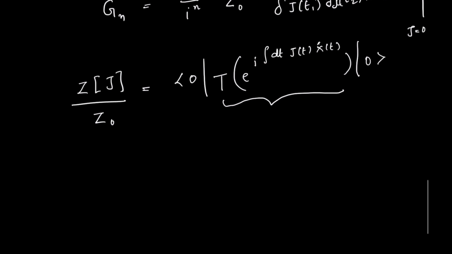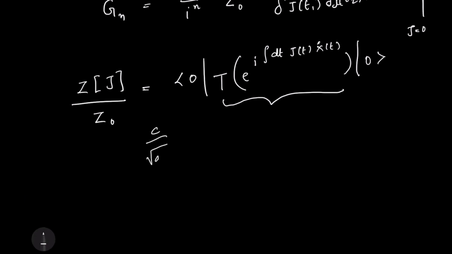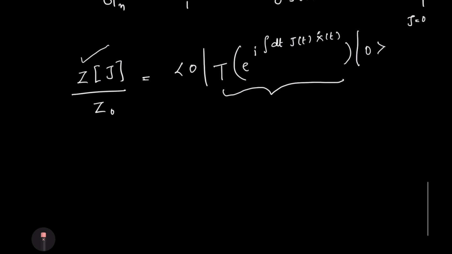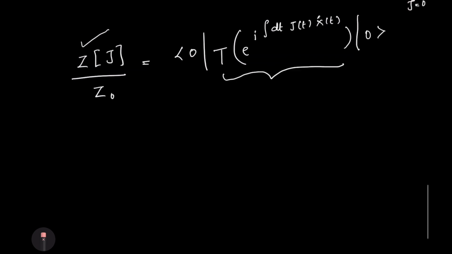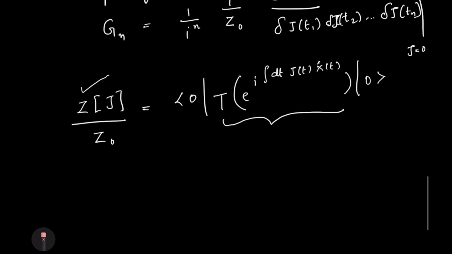And since you have divided by z0, the coefficient will cancel, because z0 will also have the c by root of determinant form, and z of j will also have that path integral, which will get cancelled off, and finally you will get only the correlation. So we can treat this piece to be our correlation function, and here x can be anything.